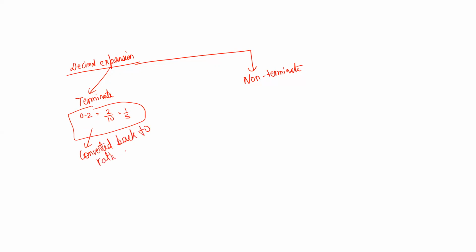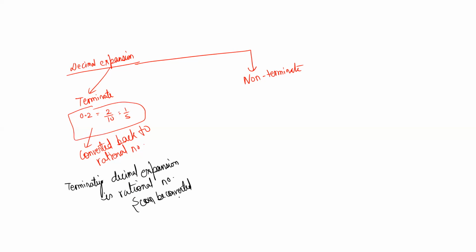It means I can say terminating decimal expansion is a rational number, meaning it can be converted back.